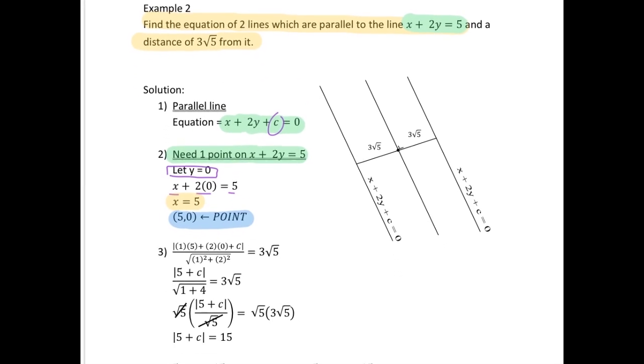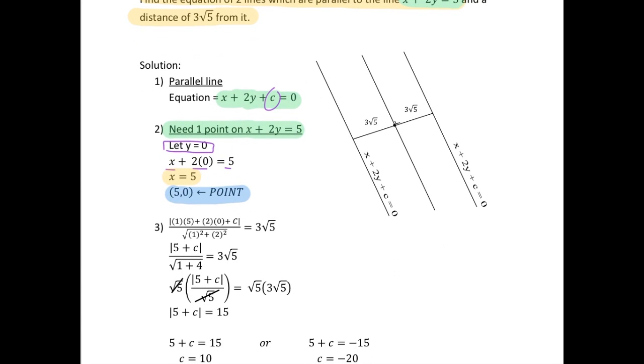Then, if this line here is our line, we're looking for two lines that are parallel to it, so the x and the y don't change, but it's plus some constant c on either side. And the other additional information we're told is that they are a distance of 3 root 5 from our original line.